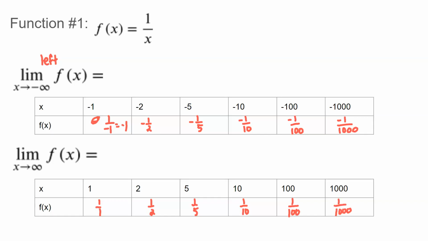Think of having a pizza for a party. If nobody shows up to your party and it's just you, you get to eat the whole pizza, right? But if 2 people are there, you each get half of a pizza. If 5 people show up, you get a fifth of a pizza. If you have 1,000 people at your pizza party and you only bought one pizza, everybody gets 1/1,000th of a pizza.